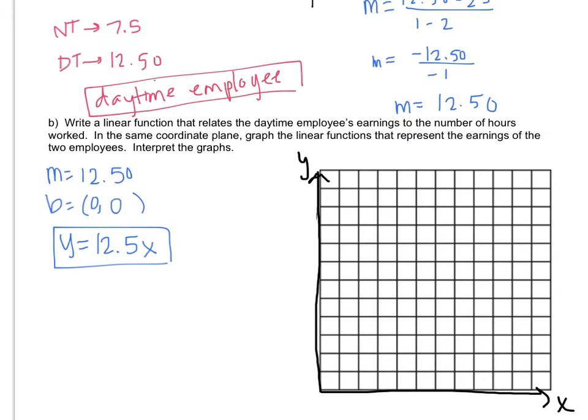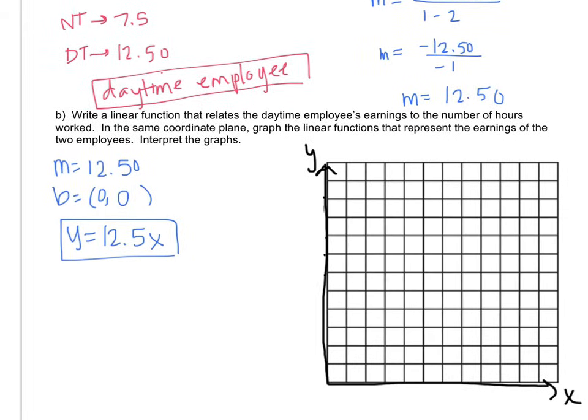I could probably go by ones on the x-axis, but it looks like I might have to go by something large on the y-axis. So let's do 15s. Okay, that should be a good labeling for now.